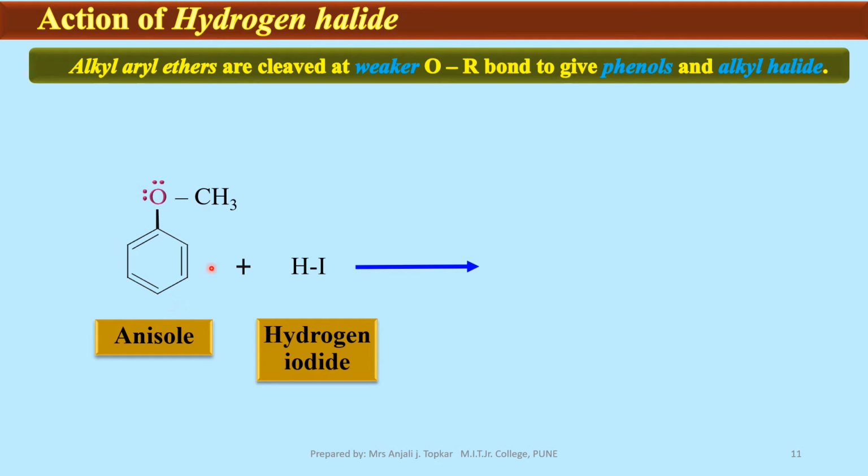When it is treated with HI, that is hydrogen iodide, at 398 Kelvin, CH3I is removed and H forms bond with the oxygen atom to form phenol.